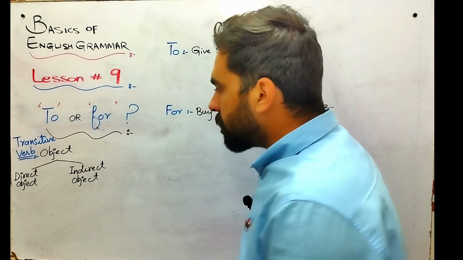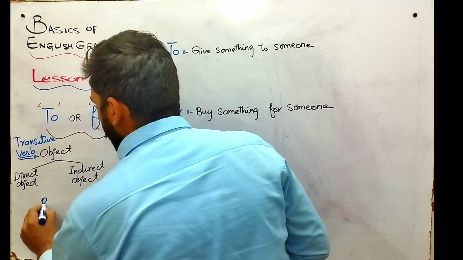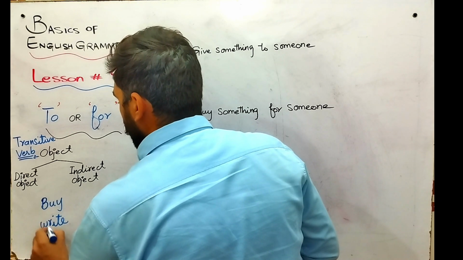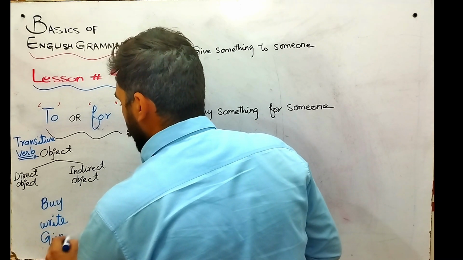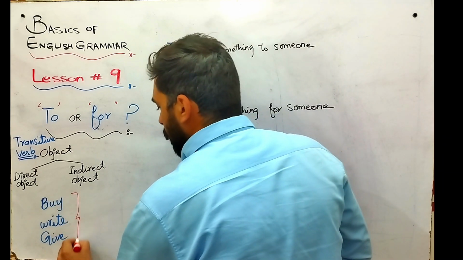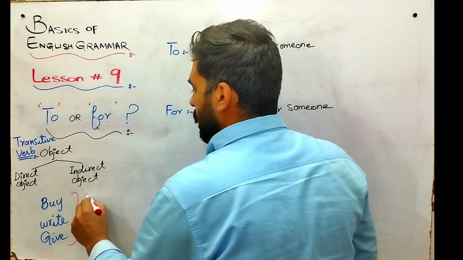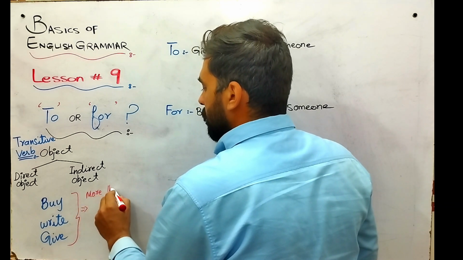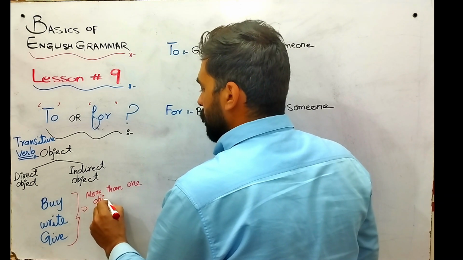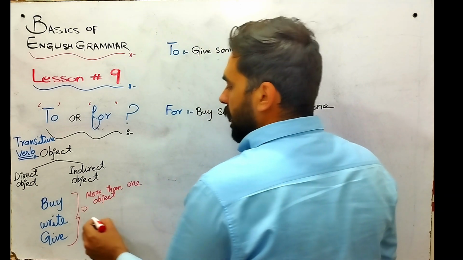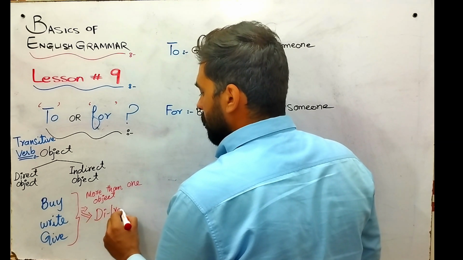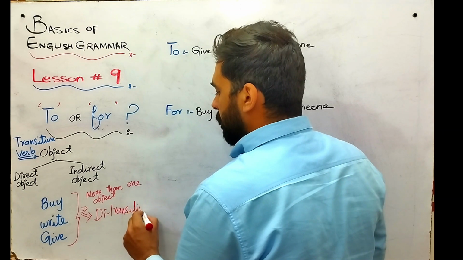There are some verbs like buy or write or give. They are the verbs which need more than one object in a sentence, and such verbs are called ditransitive verbs.